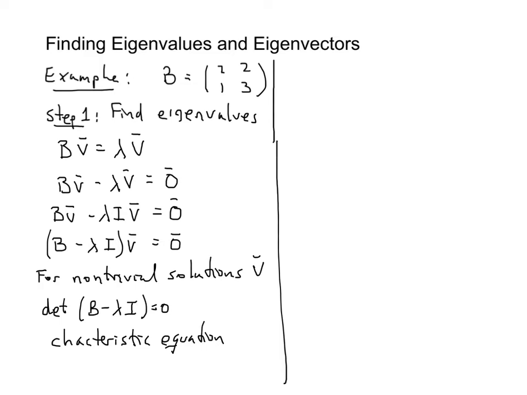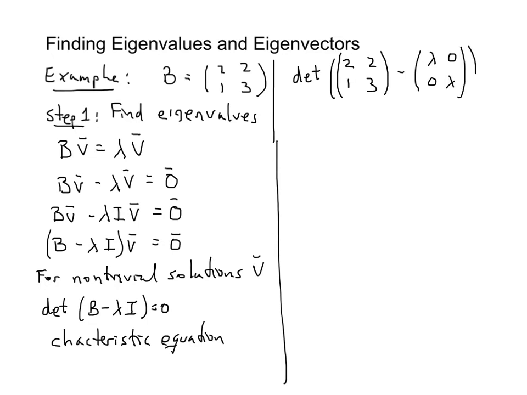So now, taking our work over to this side, what we're looking at is the determinant. Well, B is 2, 2, 1, 3, minus lambda I, that's just lambda, 0, 0, lambda.